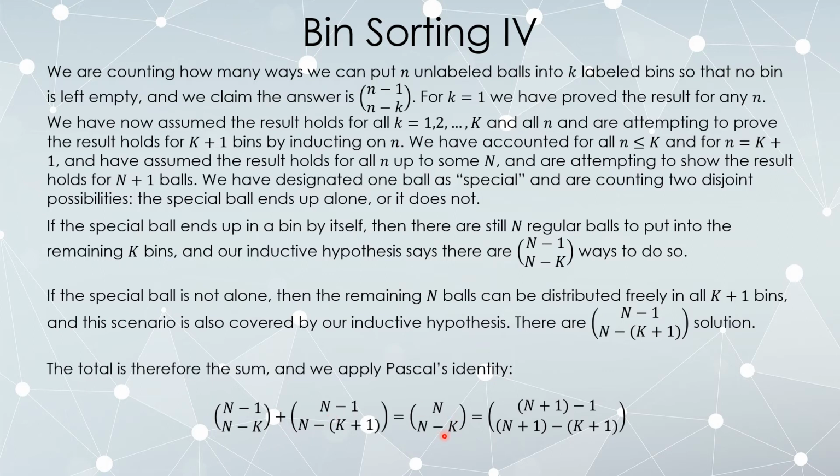By Pascal's identity, that's going to be capital N choose capital N minus capital K. And by doing various plus or minus 1s, that's equal to this right here, which is exactly what the formula would predict for capital N plus 1 balls and capital K plus 1 bins. Balls minus 1 over balls minus bins. That's the desired formula up here. So we're actually done.